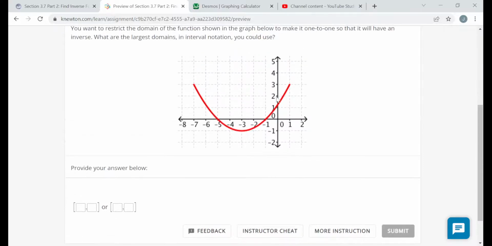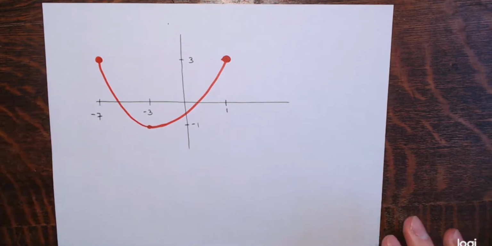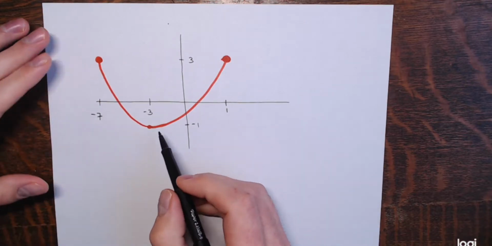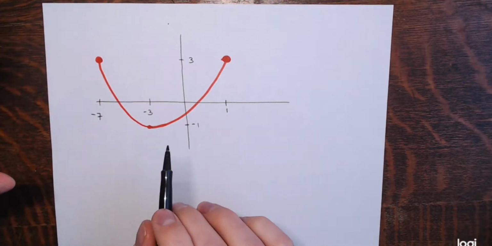Alright, so I'll draw a picture of this and explain how we can cut the domain so that we keep the same range. You want to keep the range the same, but restrict the domain so that it's 1-to-1 and we'll have an inverse that is a function. So what I've done here is I've drawn a very rough graph of the graph they gave us.